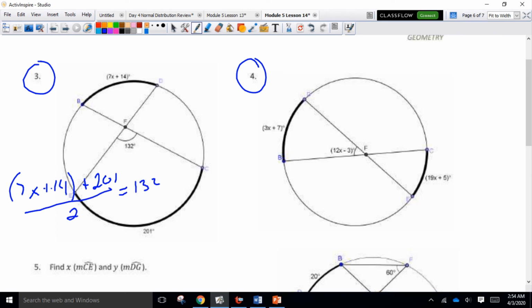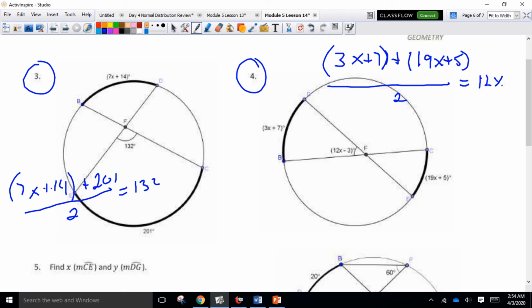This one we would do 3x plus 7 plus 19x plus 5 all divided by 2 equals 12x minus 3. Okay, so we should be able to do all those. So basically, if we have an angle inside a circle, we add the arcs and divide by 2. Okay, try the Nearpod, email with questions.